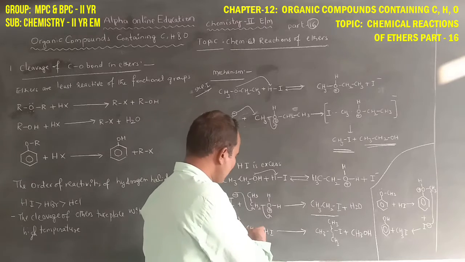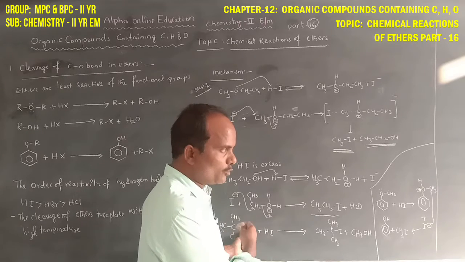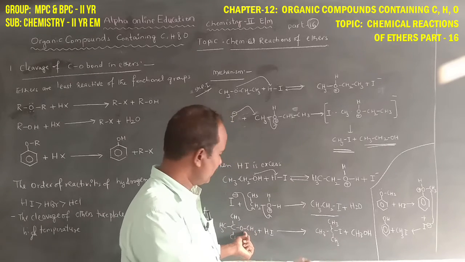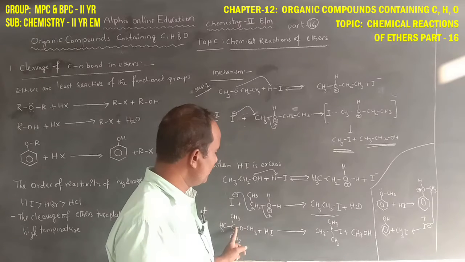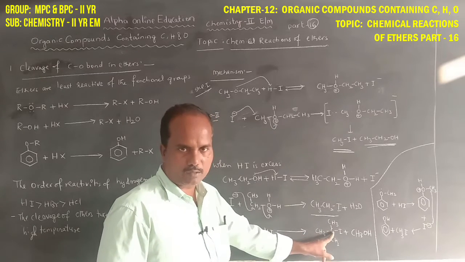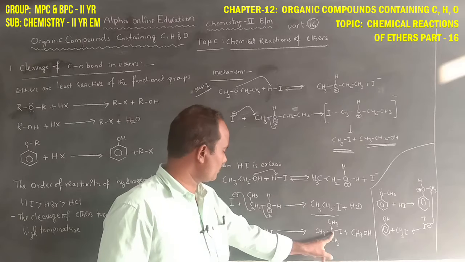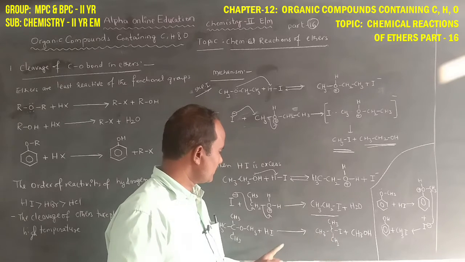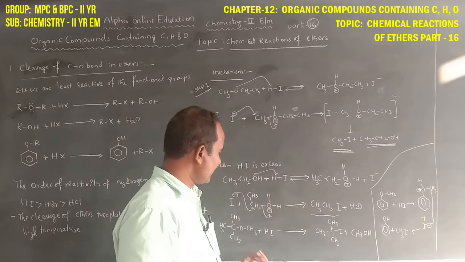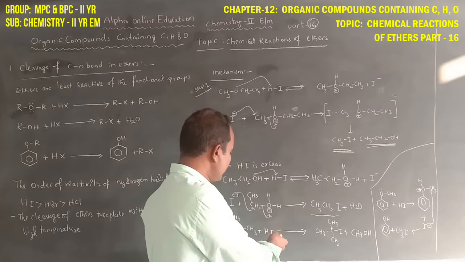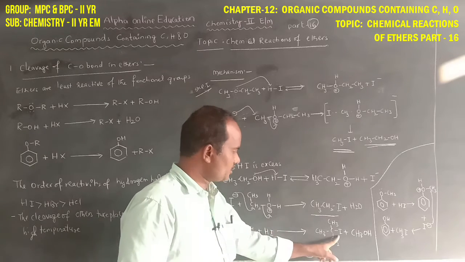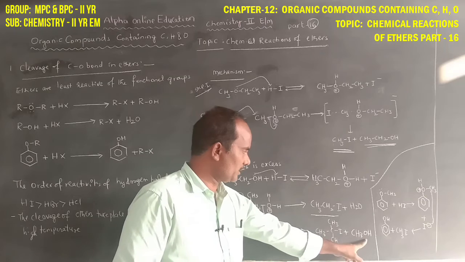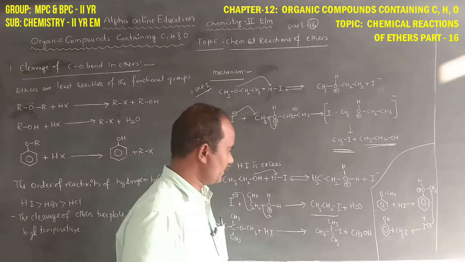The reason is that when the methoxy group leaves, a more stable tertiary carbocation is formed. This tertiary carbocation is attacked by the iodide ion, and methanol is formed as a byproduct.